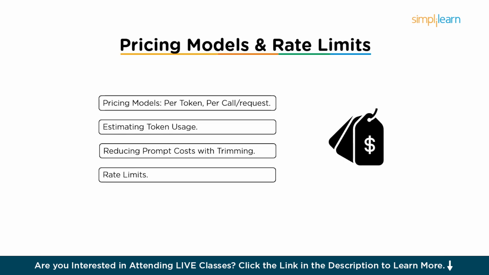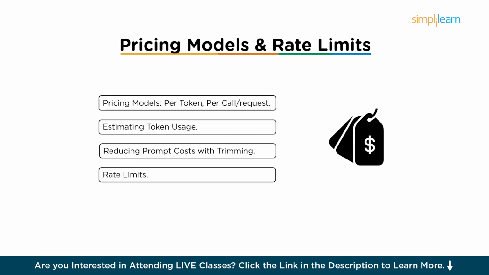Next, we have rate limits. Finally, rate limits are restrictions imposed by API providers on how many requests you can send within a specific time frame. These limits are placed to ensure fair usage and prevent abuse. If you exceed them, your requests will be temporarily blocked, leading to errors and service interruption for your users.